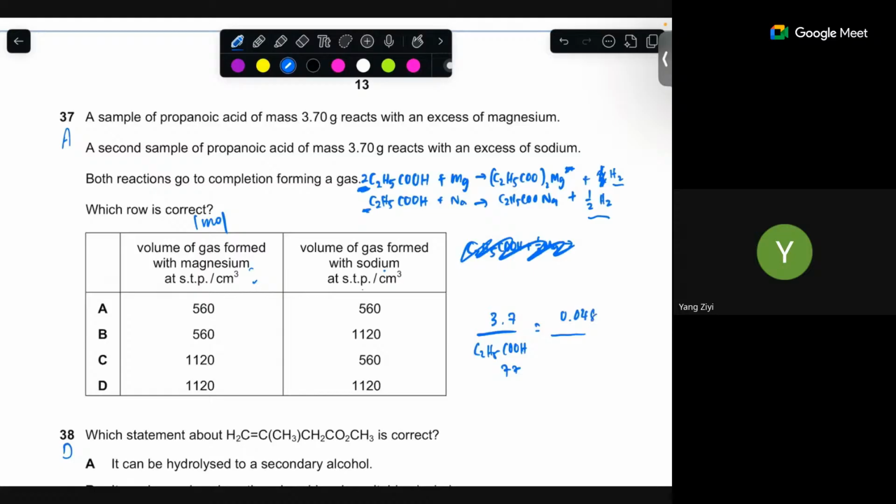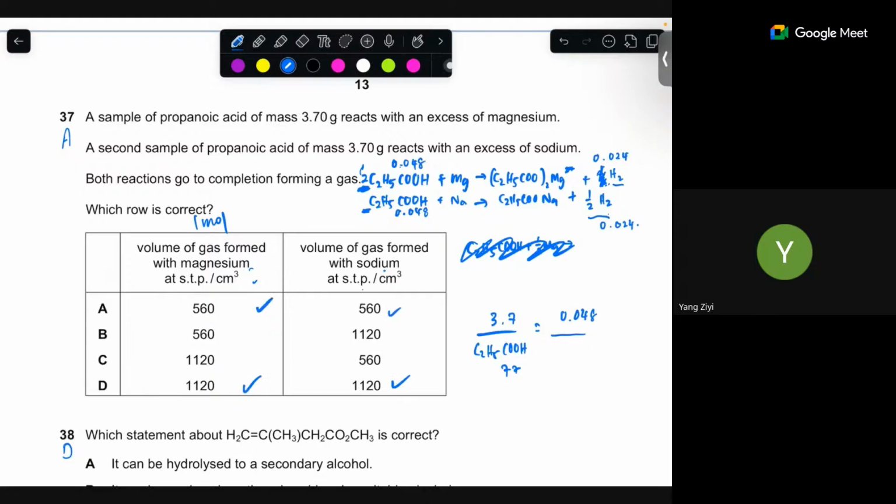Let's say volume of gas formed with magnesium. If 2 moles, changing into 1 mole, this should be half. So 0.048 gives you 0.024. If I take 0.048 over here, this one will also be 0.024. So the volume of the gas must be the same.